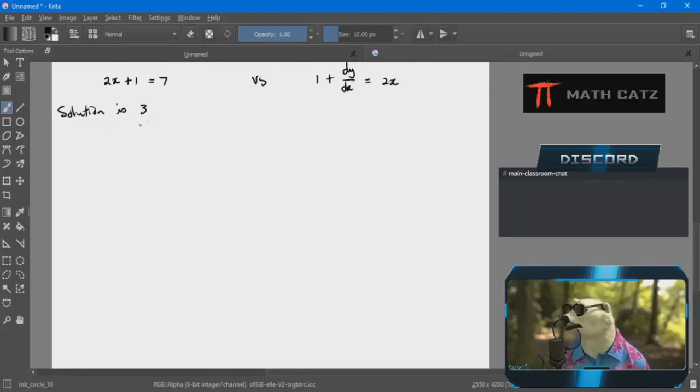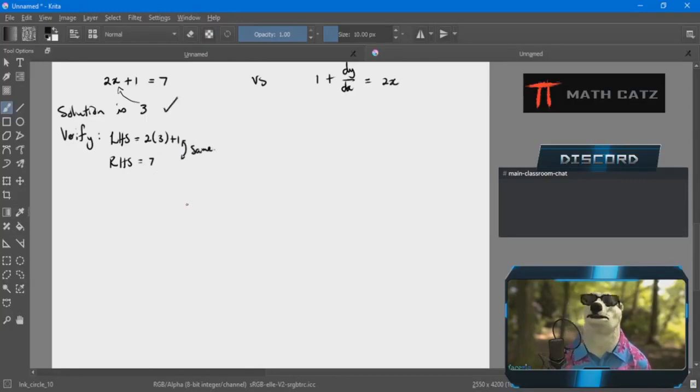How do I verify that that is in fact a solution? I'm going to calculate the left-hand side by plugging it in to x, and I'll get 2 times 3 plus 1. And then I'm going to evaluate the right-hand side. And if these two are the same, then yes, it is a solution.